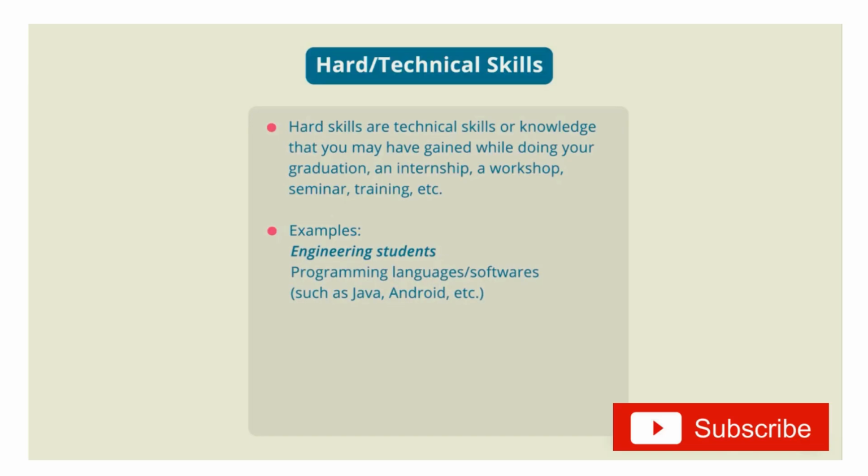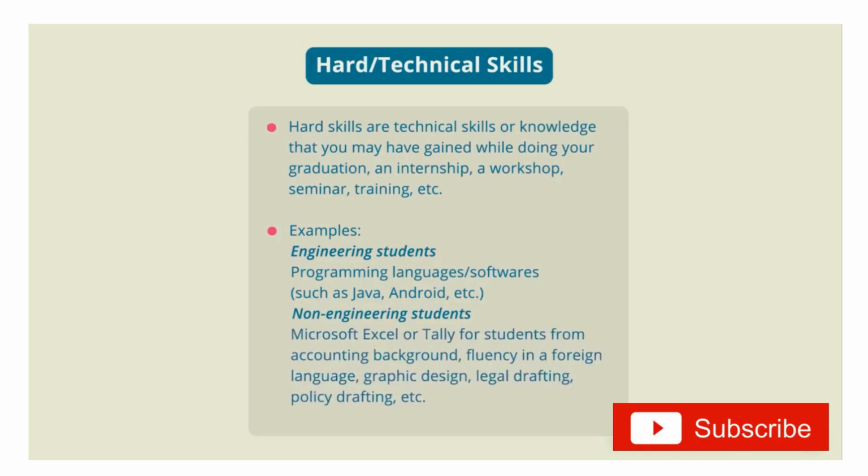Similarly, for candidates from a non-technical or non-engineering background, a few examples of hard skills could be Microsoft Excel, Tally if they have taken an accounting class, or if they have done a certificate course or an online training in a foreign language, etc.